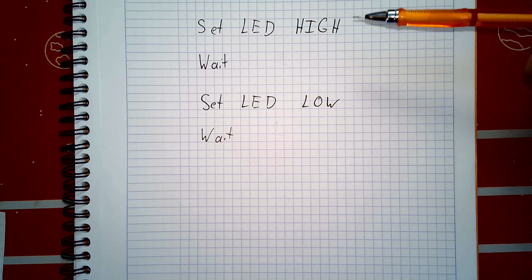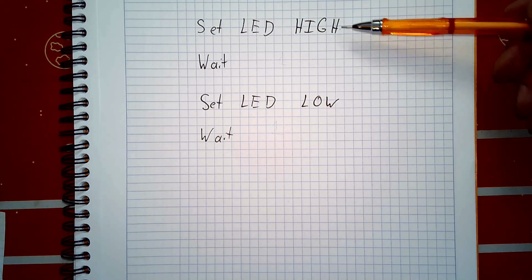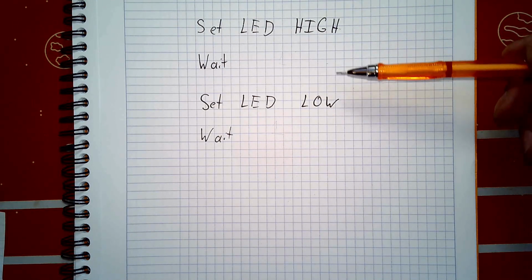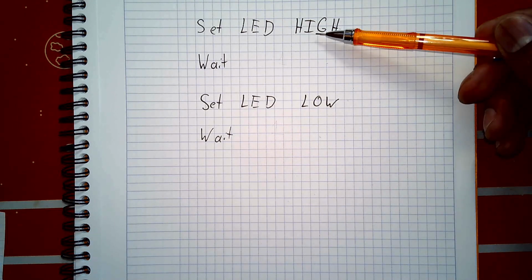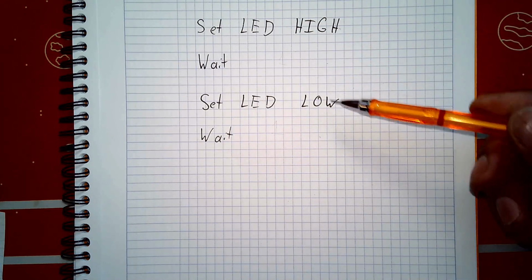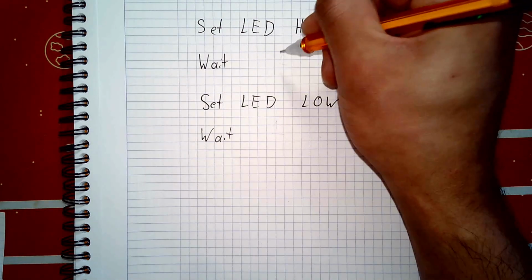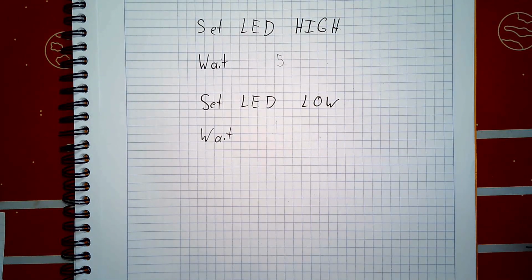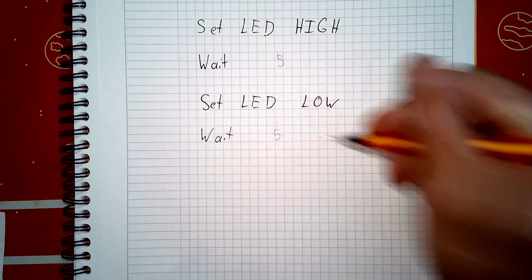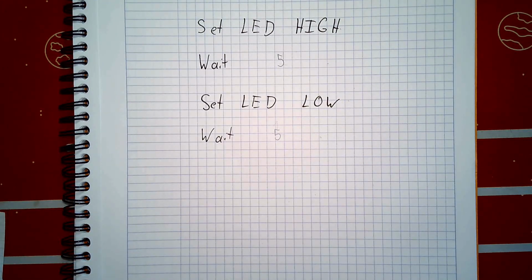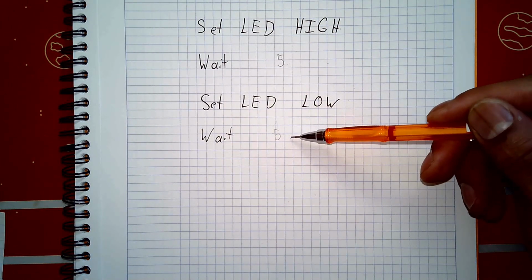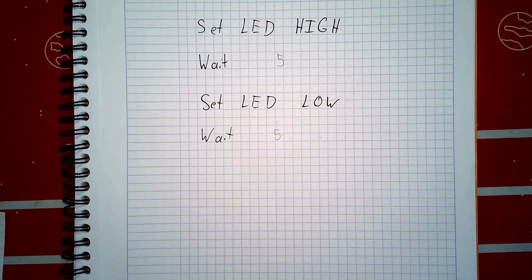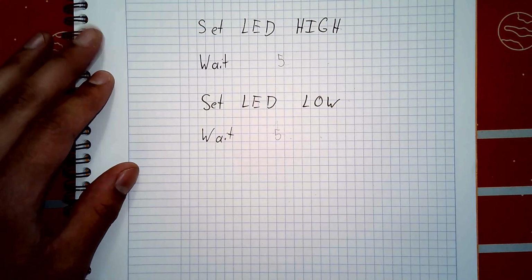Like always, we set the LED to high, wait a certain amount of time, then set the LED to low, and wait a certain amount of time again, and then the whole thing loops to the beginning. And that's how it blinks, on, off.